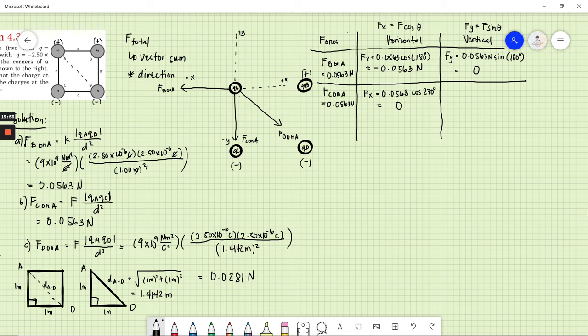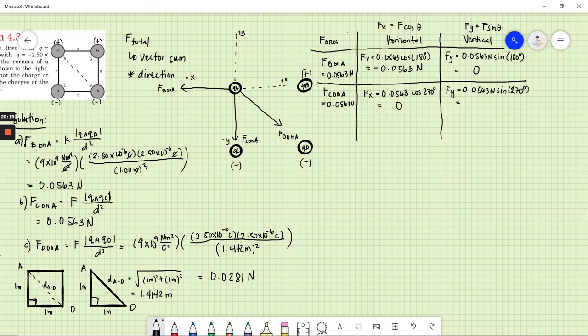Okay? Now if we solve for Fy, which is 0.0563 newtons sine 270 degrees. 270 degrees is the angle here, so that's 90, 180, 270. Sine 270 degrees is negative 1.